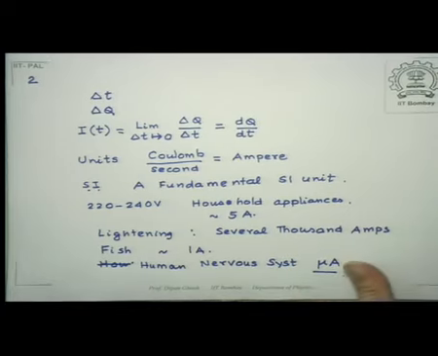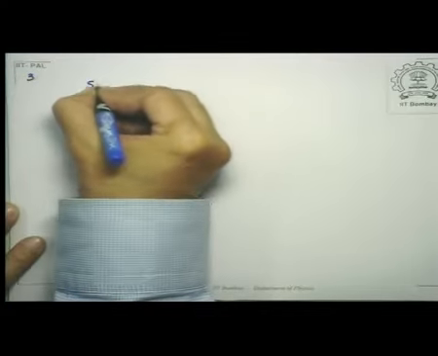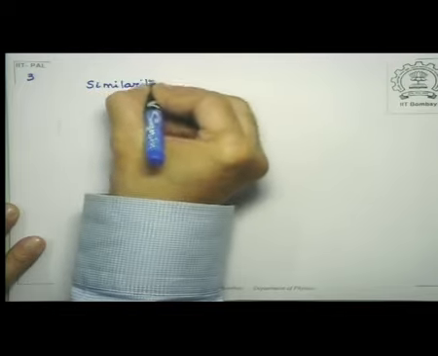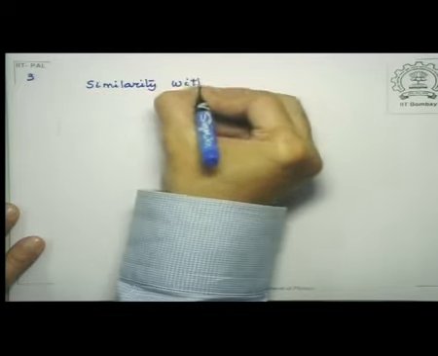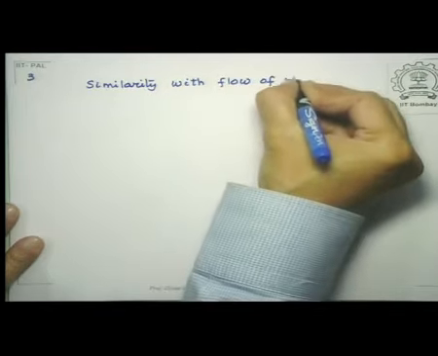So, now that we have talked about the definition of electric current, let me now try to tell you how exactly we look at the flow of currents. Though it is not an exact similarity, there is a lot of similarity with water flow, for instance, flow of water through a pipe.